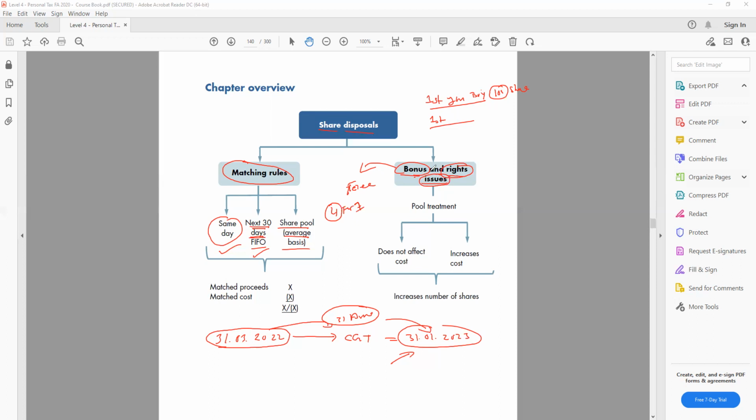Now before they issue the shares to the market and to new people, they try to issue the shares to the existing shareholders who already have shares in the same company. The reason is the existing shareholders may be upset if they issue new shares to the market and raise the money, because they will say, we are already owners of your company, so we want to buy the shares. Why are you selling outside and bringing new shareholders into the company?